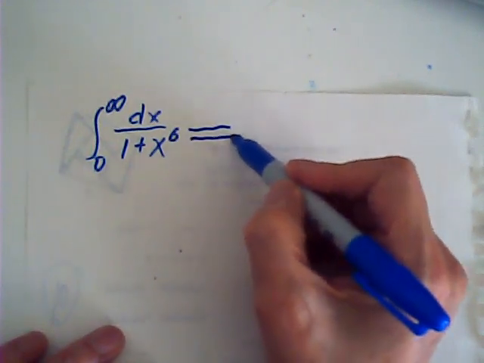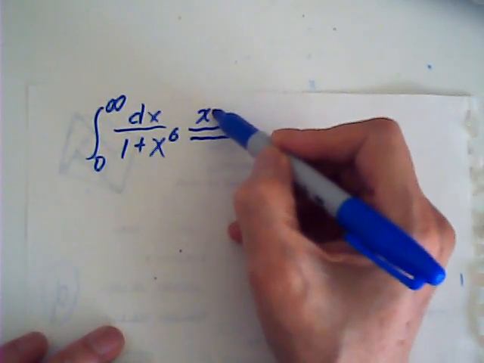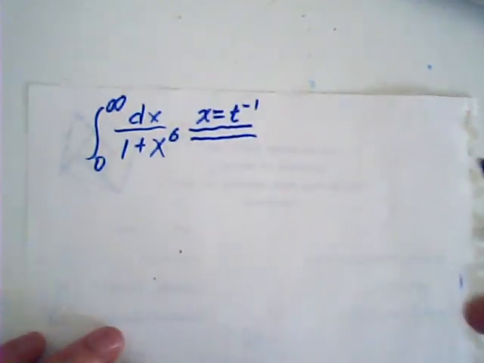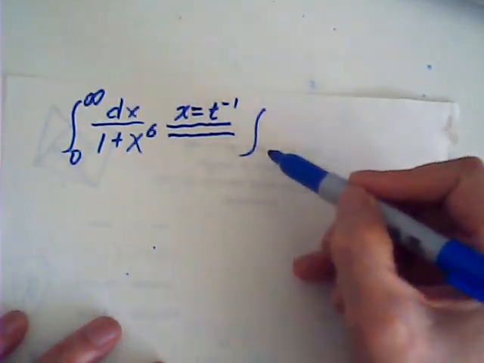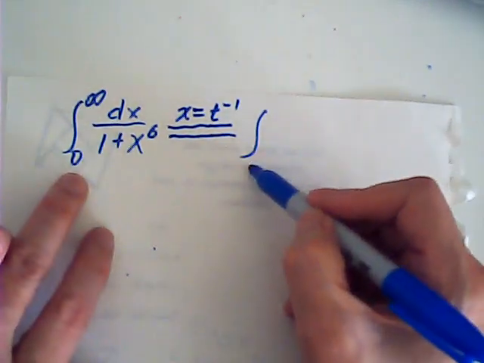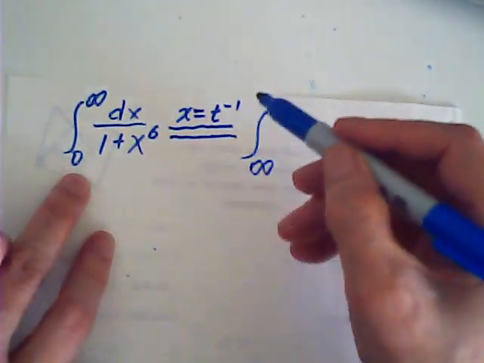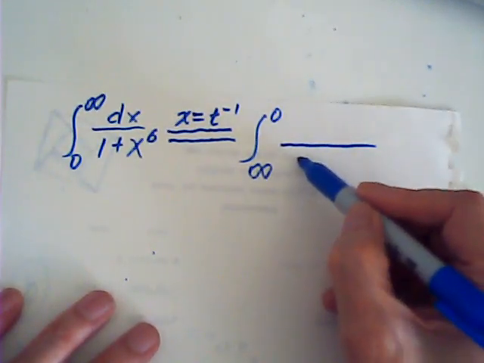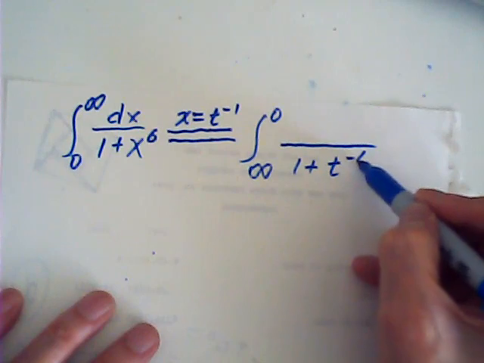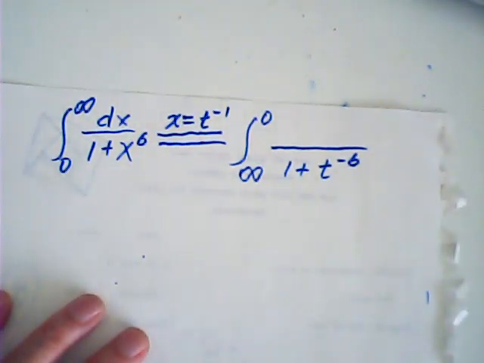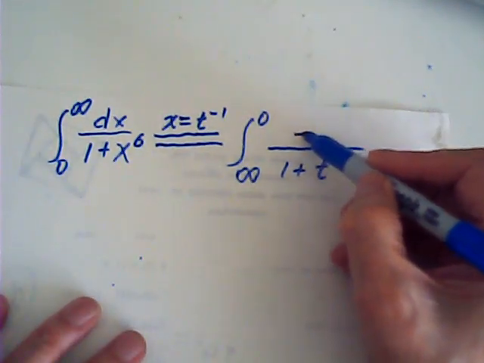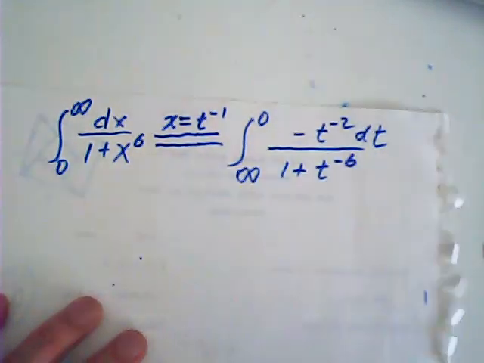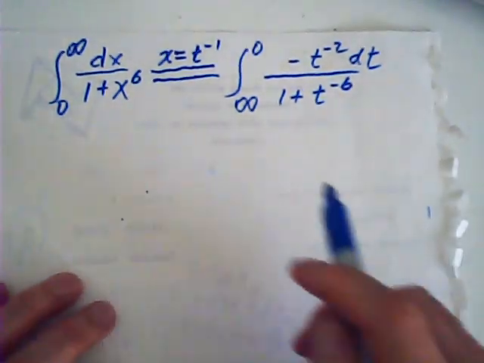First, I replace x by t to the negative 1. When x is 0, that's infinity, and when x equals infinity, that's 0. And this will be 1 plus t to the power negative 6 and negative t to the negative 2 dt.